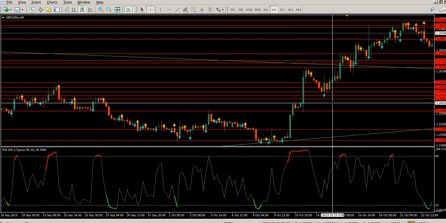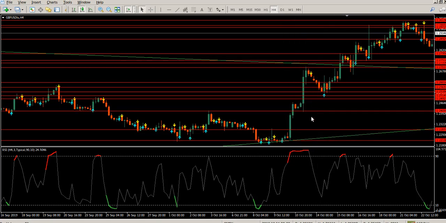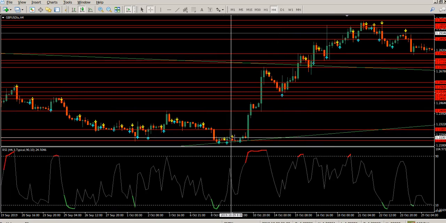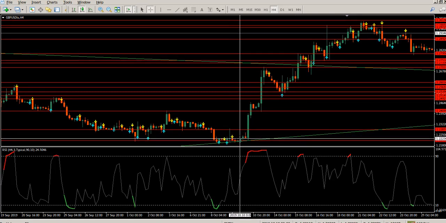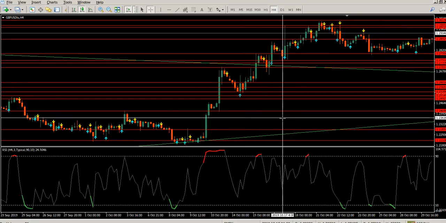So catching any of that move would have been fantastic. That would have been awesome to see an entry go from here to here, which we would have gotten pretty quickly on this spike. But that's still 60 pips of profit in my pocket, and I kind of like that.